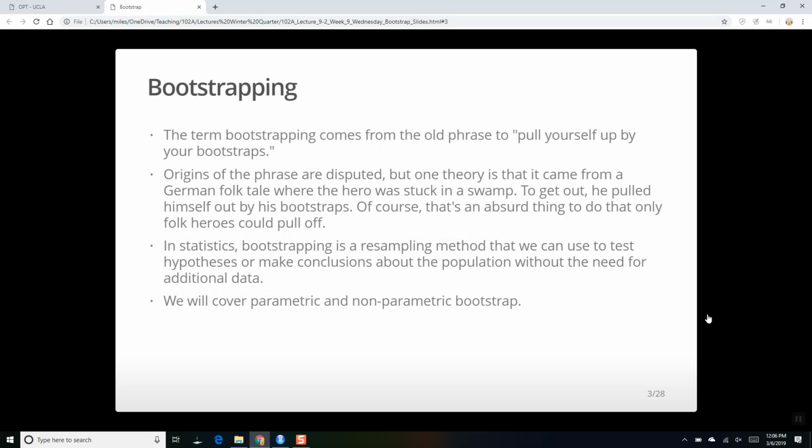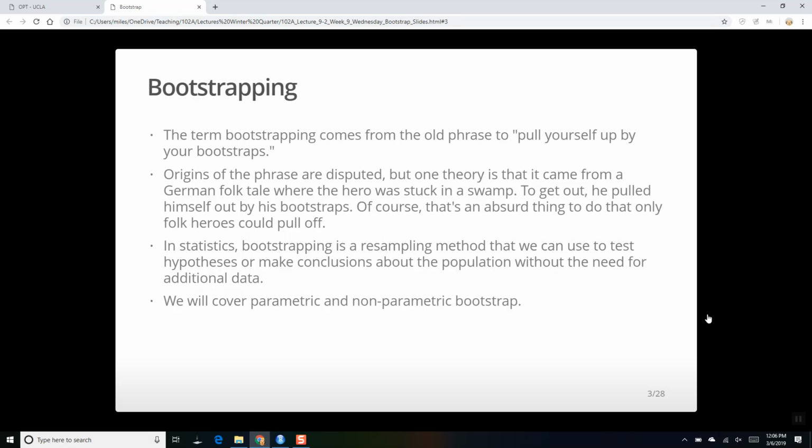All right, so bootstrapping comes from the phrase, pull yourself up by your bootstraps. I tried to look this up because this is what somebody told me, and I said, well, is that really true, right? Whenever someone says something, you should try to do some fact checking yourself. So I tried to verify this.